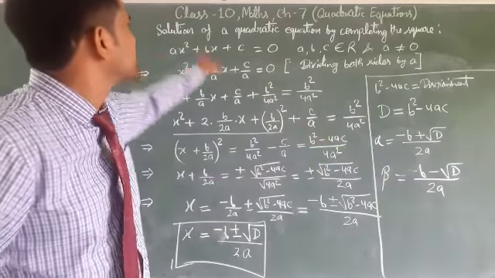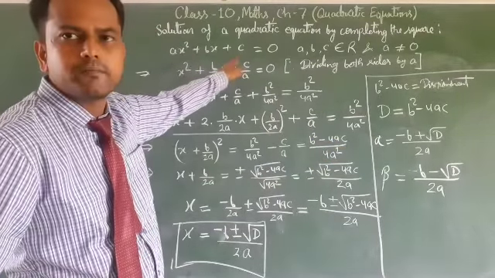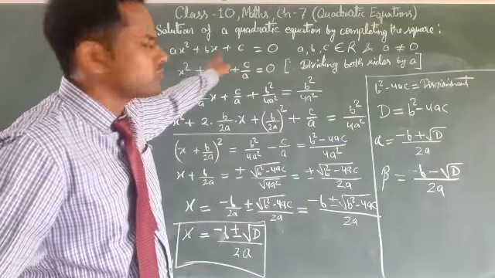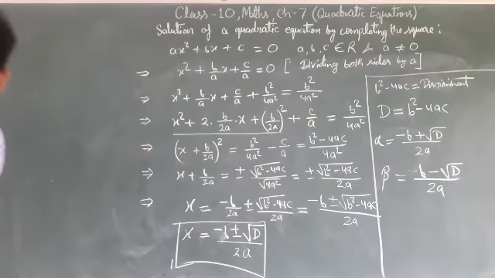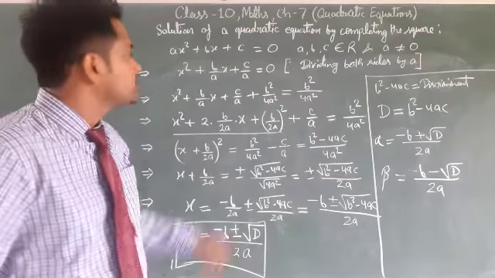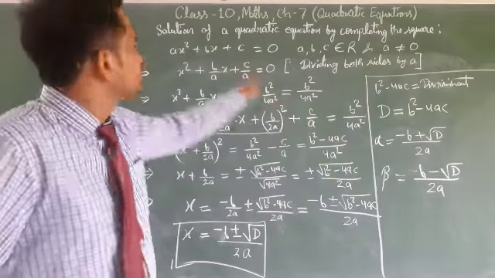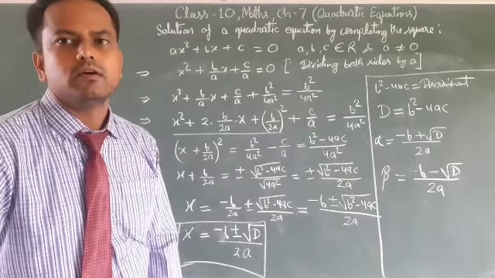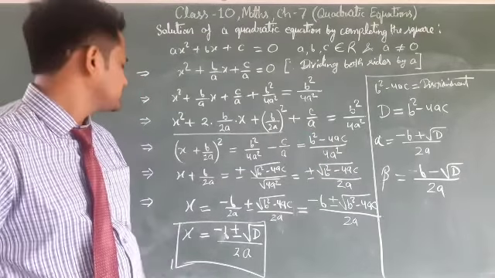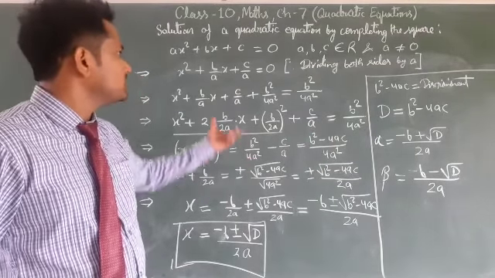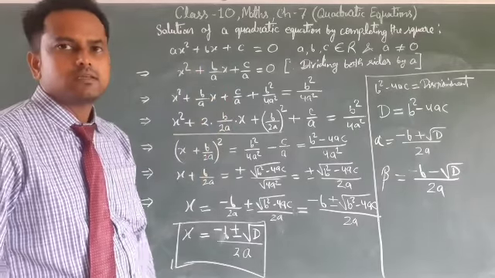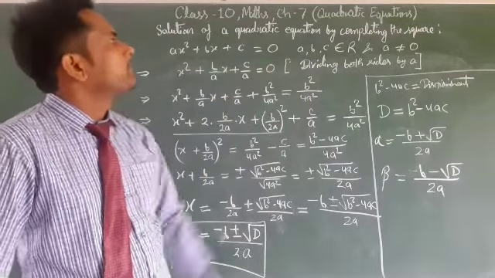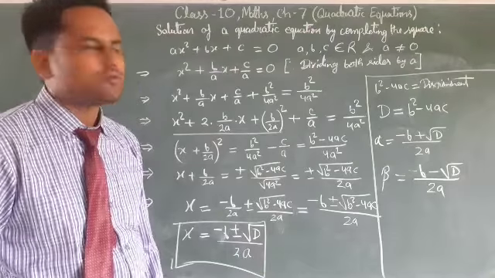These values satisfy the quadratic equation. Alpha and beta satisfy the quadratic equation. That's why alpha and beta are called roots of the equation. Got it? So this process is called the method of completing the square.